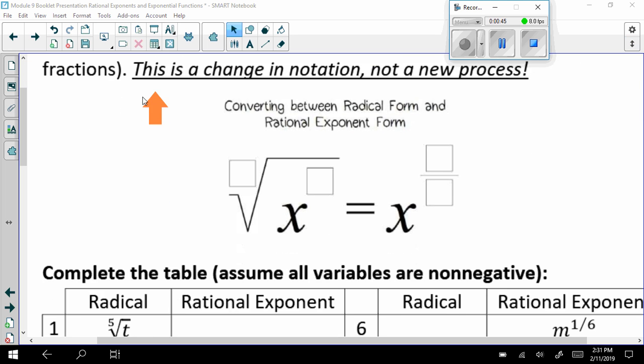Now we're going to go very basic here. My radical typically is going to have an index and an exponent.